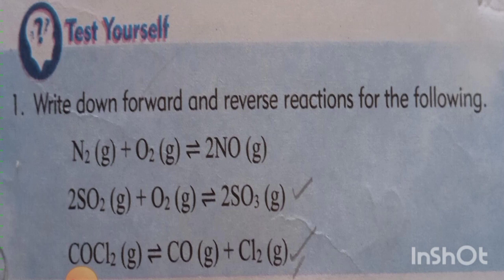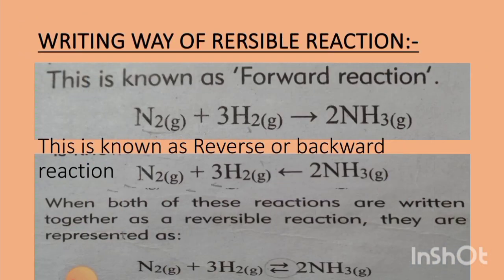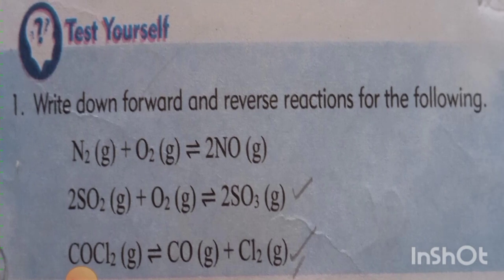For example, what will be the forward reaction for N2 plus O2, reverse reaction to NO? The forward reaction for this equation will be N2 plus O2, then the first arrow that is shown to you in the first picture, so this arrow you will form and you will show 2NO.